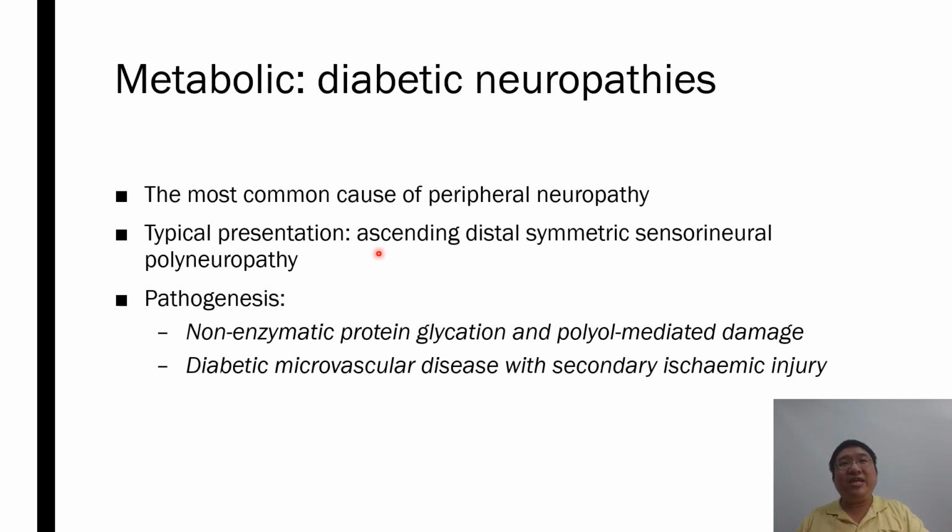Ascending meaning that the symptoms start at the distal parts of the hands and feet, and then the numbness, the sensory neural loss will affect the distal parts, and the sensory loss is symmetrical, both hands, both feet about the same.